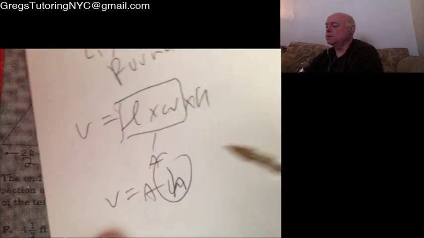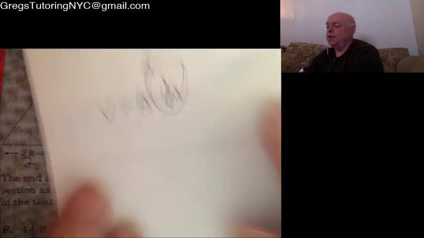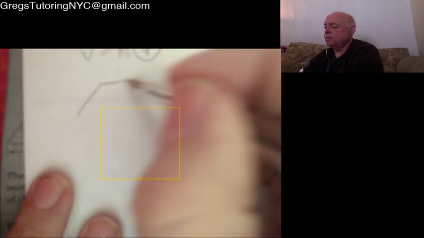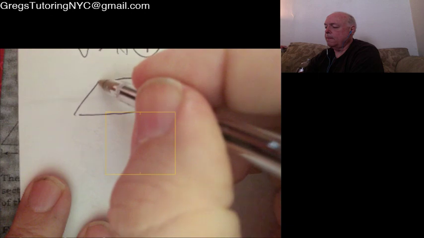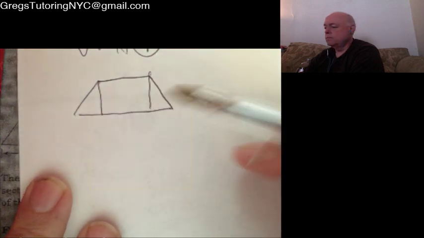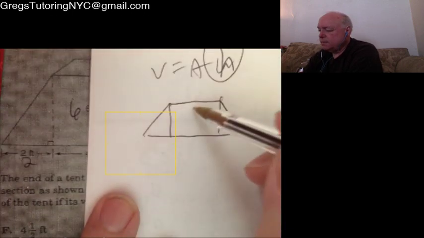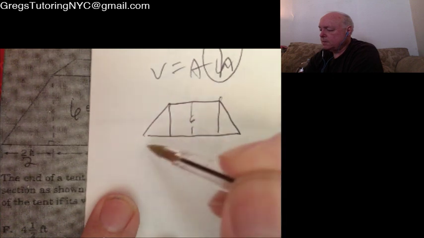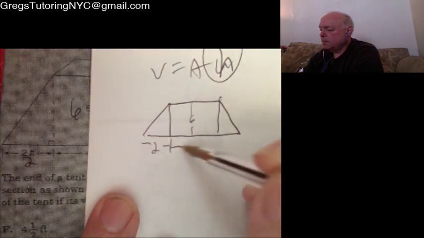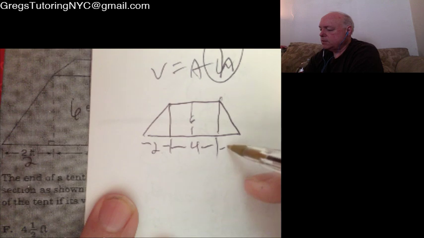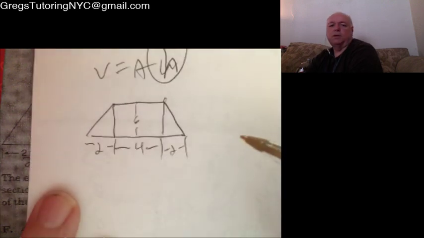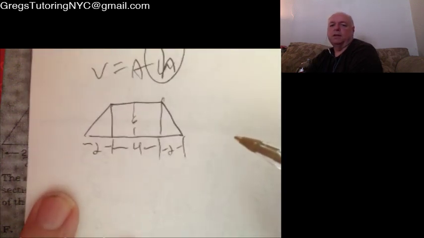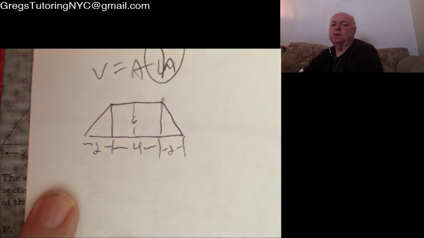So the question is, how do we get, if we have that trapezoid, which they told us was this is 6, this is 2, this is 4, and this is 2. What do we do with that? That's really what this problem comes down to. So there's two ways to solve this.